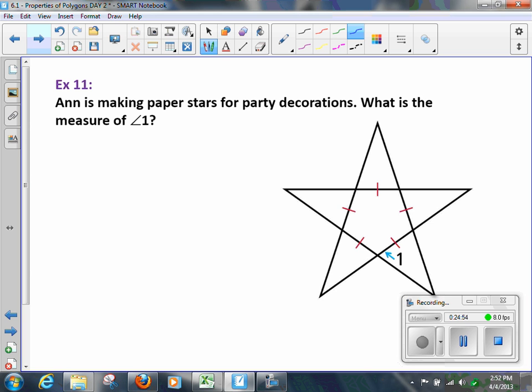Hey, what about this? Anne is making paper stars for party decorations. That is so sweet. What is the measure of angle 1? Why are y'all laughing? Like a Jacob's star. Where's the darn announcement that gets out of school? A nighttime party.